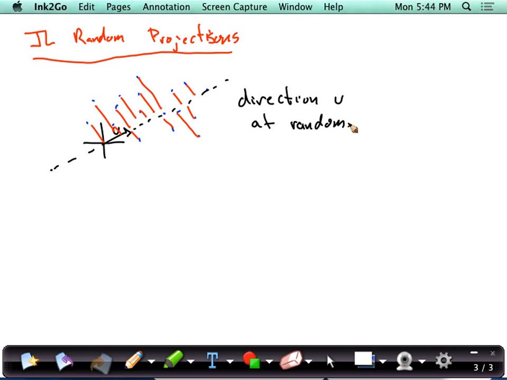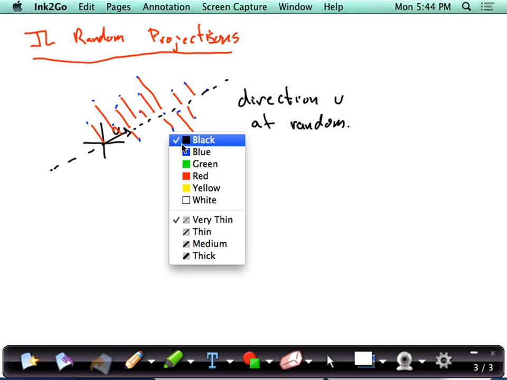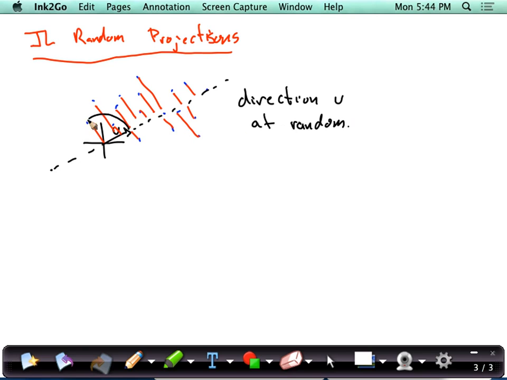You pick a point on the circle? Yeah, so it turns out you want to pick a point on the circle. You can think of a unit circle, and then you pick a random point. In high dimensions, this is going to be a random sphere, a d-1 dimensional sphere in d-dimensional space. You would pick a random point on the sphere, and so this is the right thing to do.